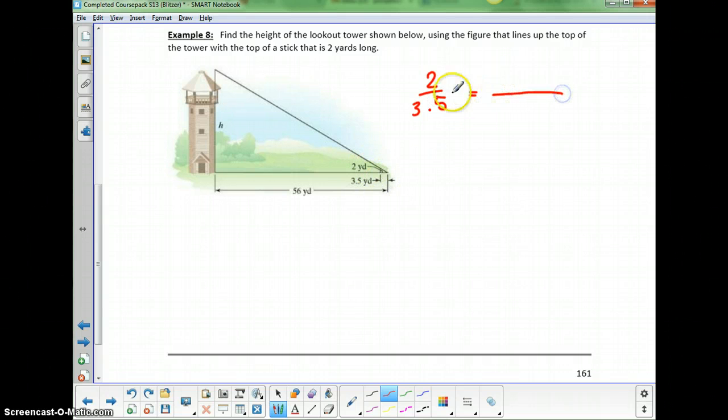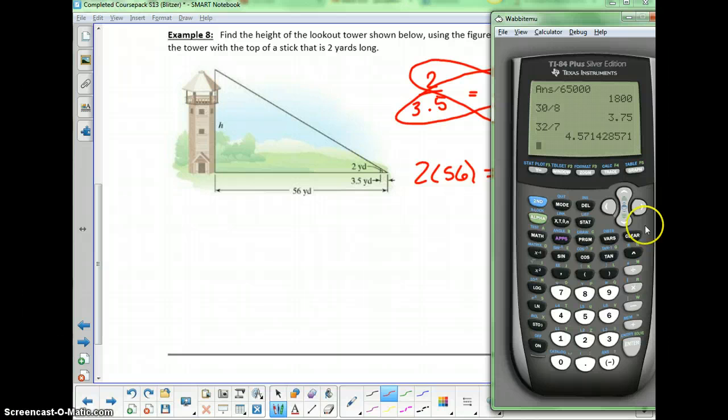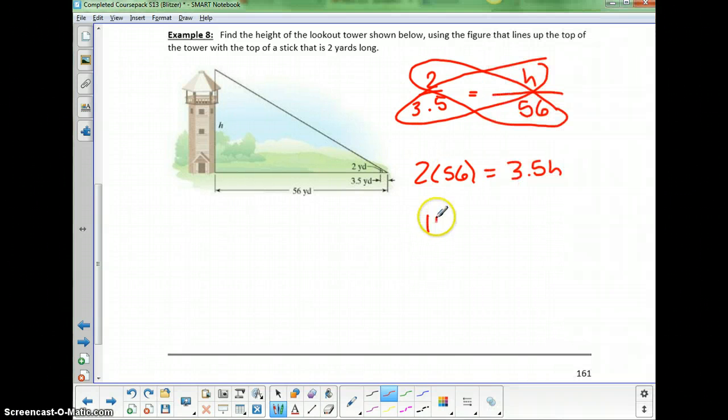And if I compare that with the big triangle, the height of the big triangle is h, and the length of the big triangle is 56. Those are in proportion, so we'll solve by cross multiplying. 2 times 56 equals 3.5 times h. 2 times 56 is 112, and then we'll divide both sides by 3.5.